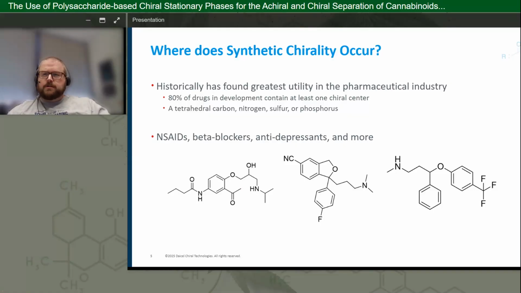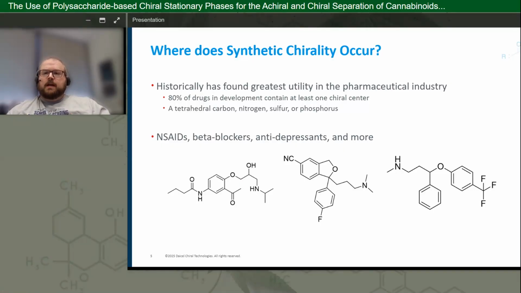Now, those chiral centers can be a little bit different depending upon the drug compound. Most often when we're talking about chiral centers, we're talking about carbon, but nitrogen, sulfur, and phosphorus are also capable of forming what we call a tetrahedral chiral center, or an sp3 carbon center.